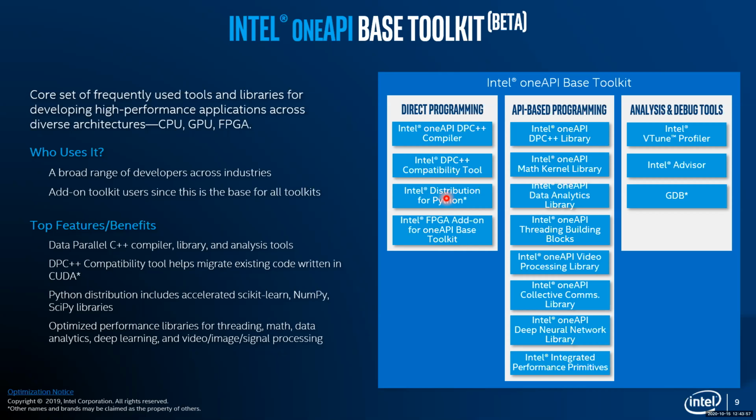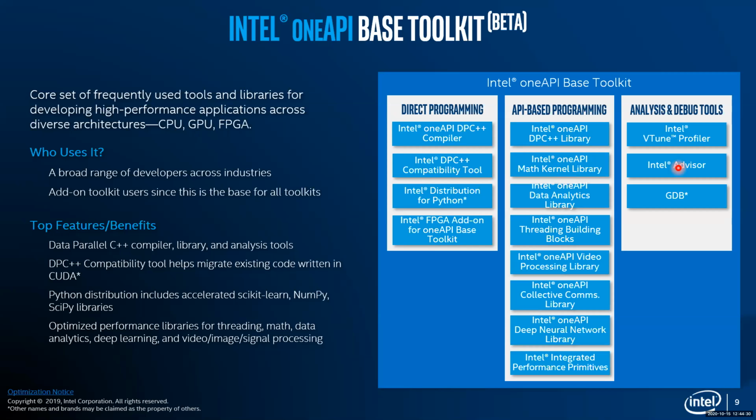Something to point out: if you want to do MPI or Fortran, you definitely need to add the HPC toolkit in addition to the base toolkit. Also included is the Math Kernel Library to accelerate math processing routines, including matrix algebra, fast Fourier transforms, vector math, etc.